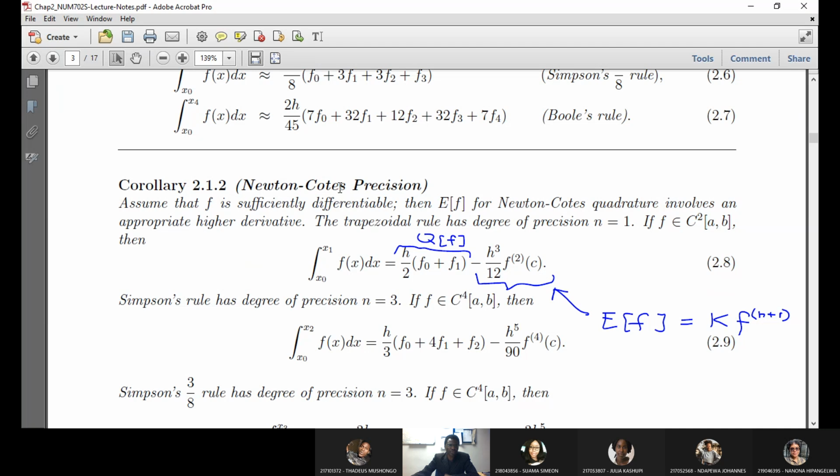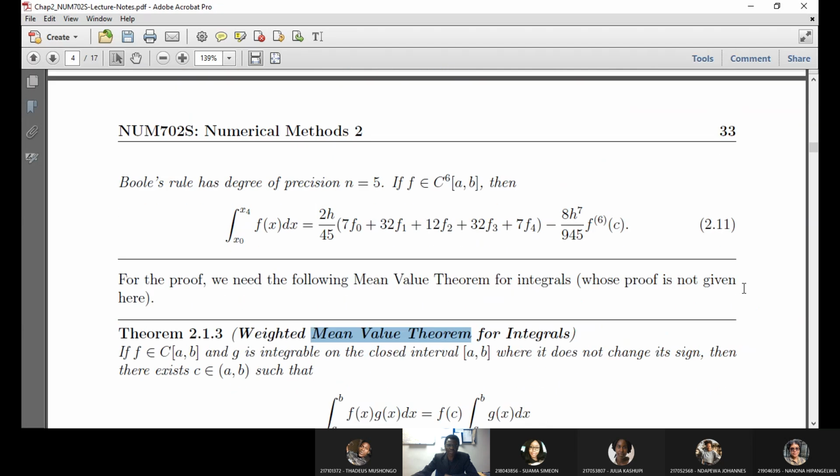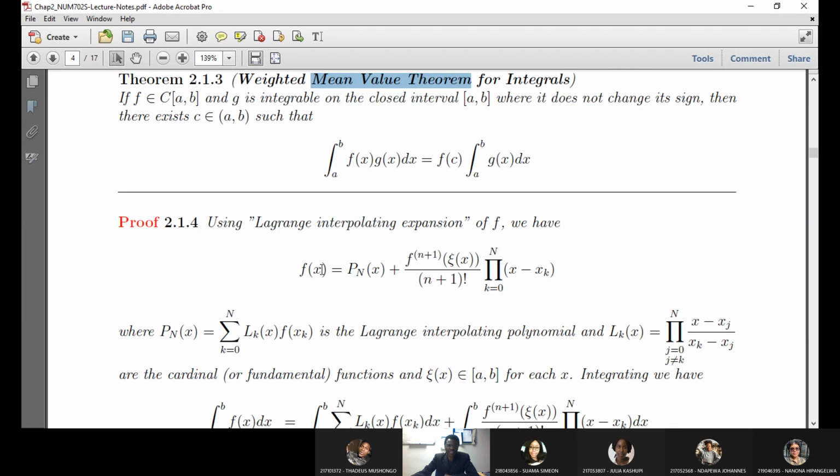And we said that Newton-Cotes, what is it? In the Newton-Cotes quadrature formula, what we do, we replace f with the interpolating polynomial, and we integrate. So that's what we perform here. You see that this is the function f, this is the interpolating polynomial, and this is the error term in the interpolating polynomial, and we integrate this expression.